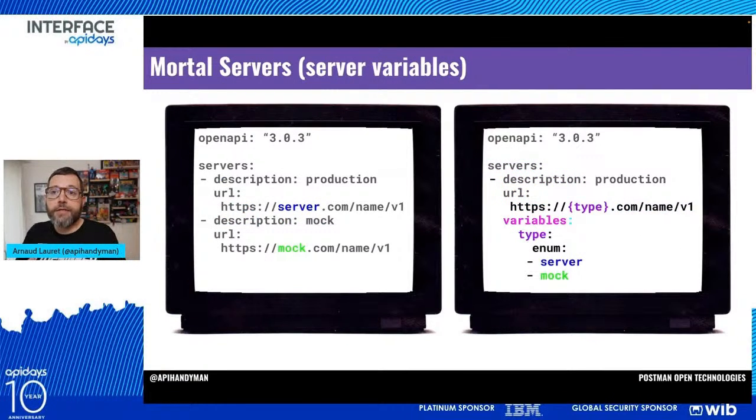You can also take advantage of variables when you define your server. So here I have a single server, which can be a mock server or the real server. And all these possibilities are really wonderful, for instance, when you want to configure an API gateway. Because in your document, you can put the server for the backend, the server for the front end, which will be shown outside of the gateway, and the gateway will deal with that.